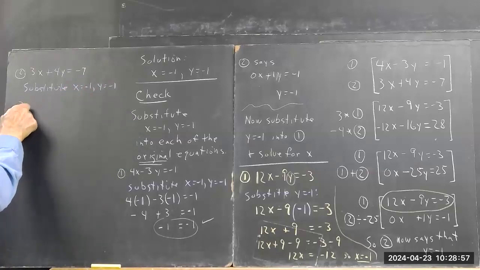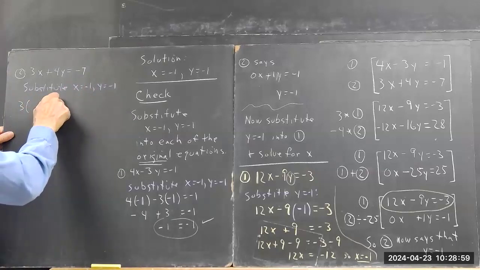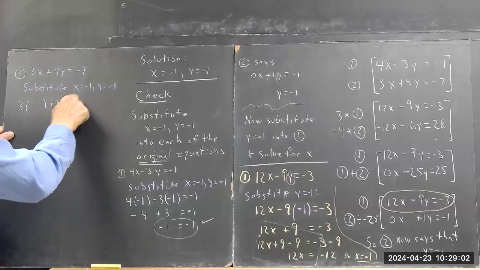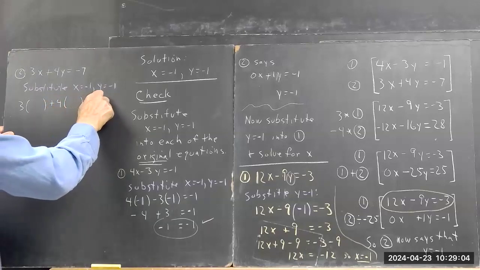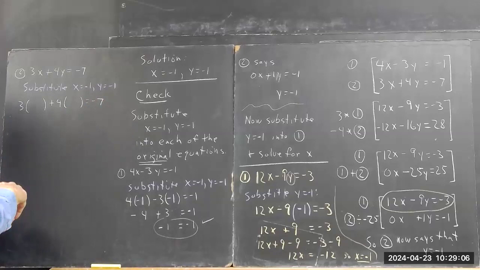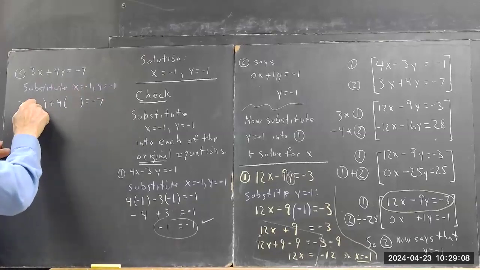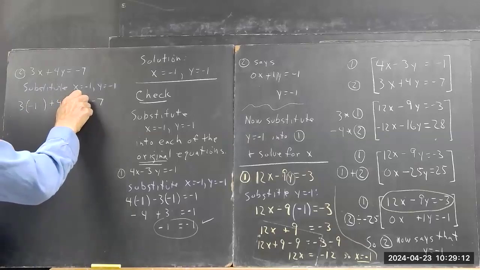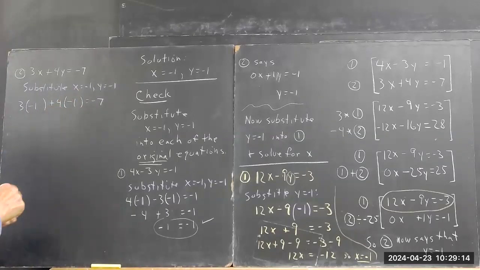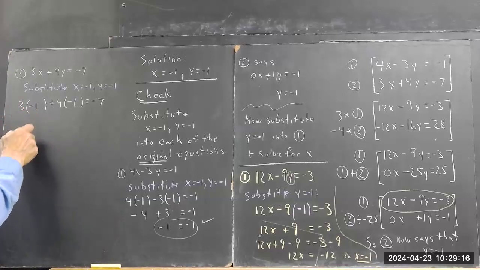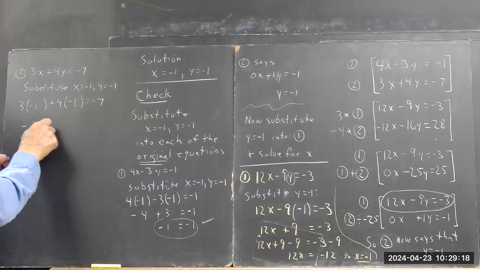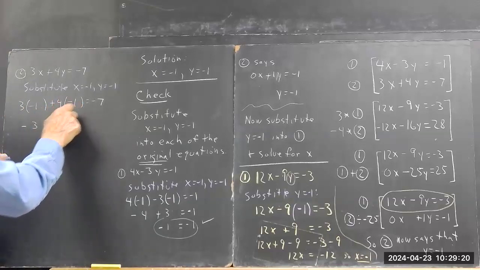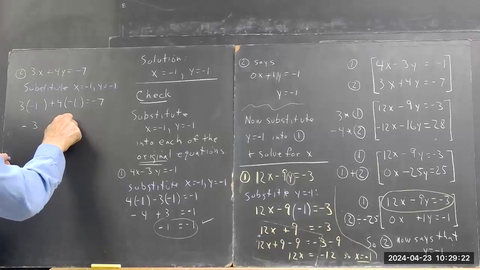And we get 3 times whatever x is plus 4 times whatever y is equals -7. And x is -1 again, and y is -1. And we get 3 times -1 is -3. 4 times -1 is -4.